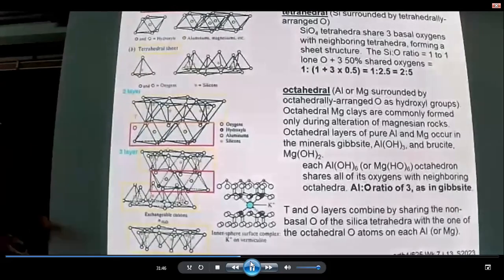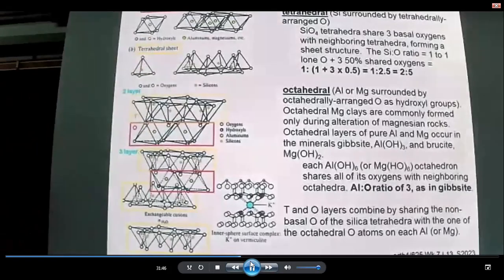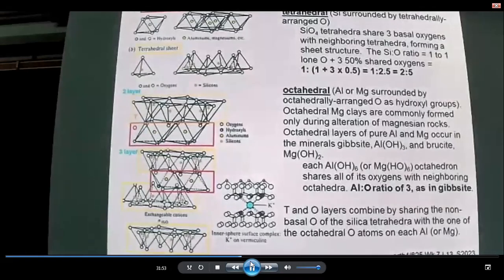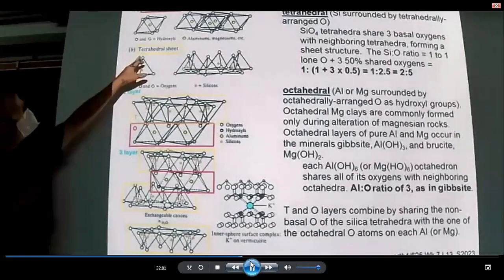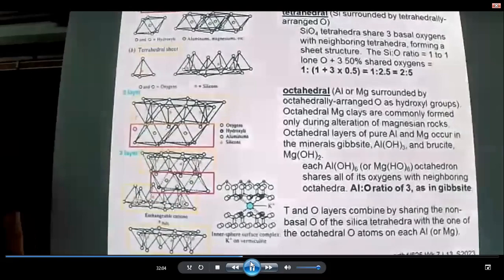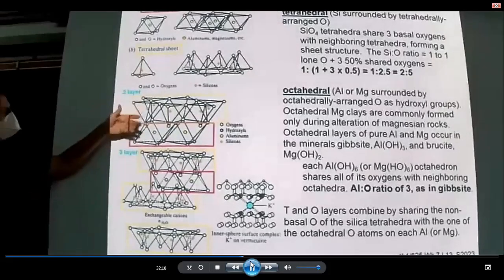And when we combine that tetrahedral layer with an octahedral layer, we're basically taking all those oxygens that are sticking up in that layer of triangles and pyramids and poking them into that octahedral zone. So we can do that once across the whole layer to make the two-layer clay I'm pointing to there, or we can do it twice from the top and the bottom of the octahedral layer to make a three-layer clay.